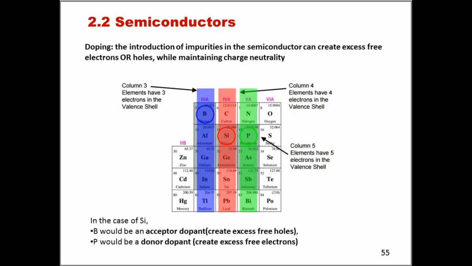The reason for this naming has to do with the fact that boron is in group 3 while phosphorus is in group 5. So boron would effectively create excess free holes, positive charges, so it's a p-type dopant, we could say, while phosphorus, which is in group 5, has more electrons than silicon, so it creates excess free electrons, and so we could say it's an n-type dopant.